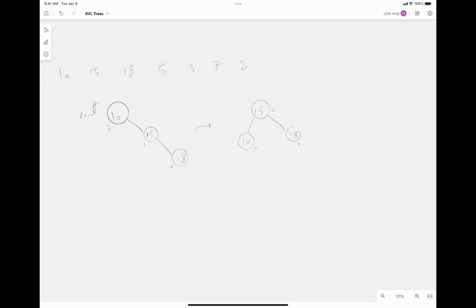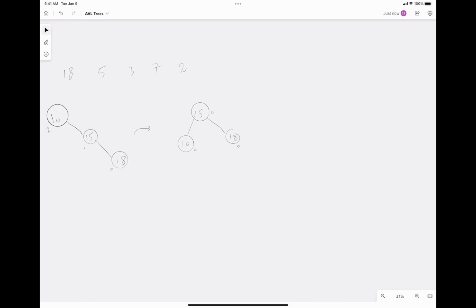After that, we're going to insert number 5, which, because it's less than 15, goes to the left side of 15, and because it's less than 10, goes to the left side of 10. So we have the tree in this form. I'm going to add number 10, and here we have 5. So let's write the balance factors. It is 0 for 5 and 18 because they are leaves.